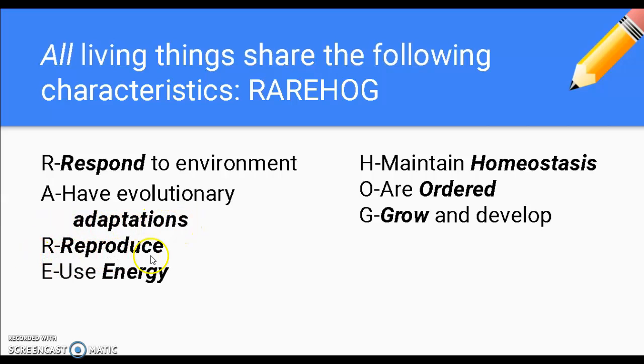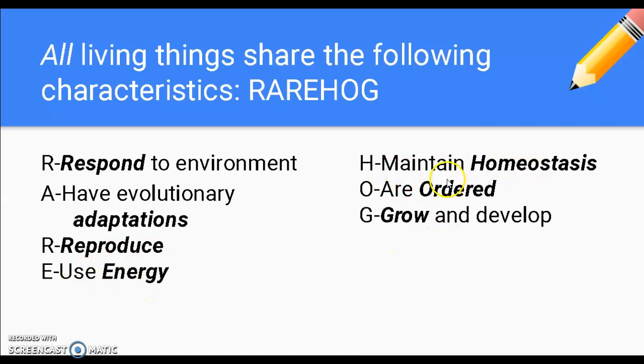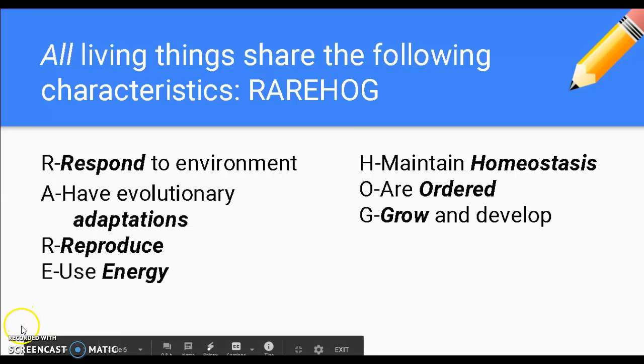They're all able to reproduce. They use energy. They maintain something called homeostasis. They are ordered or organized, and they grow and develop. We are going to talk about and give examples of each of these 7 different characteristics of life.